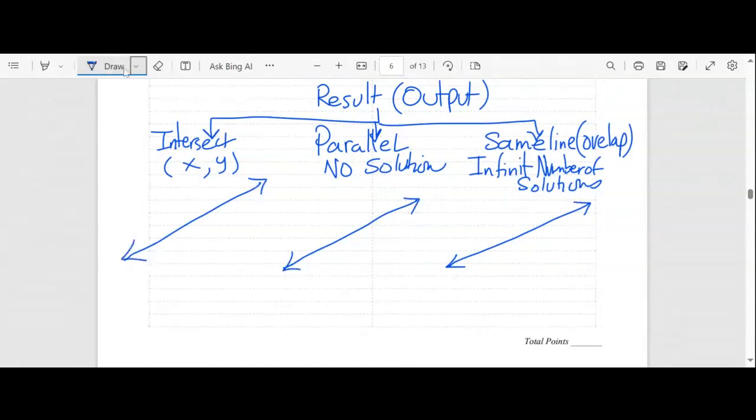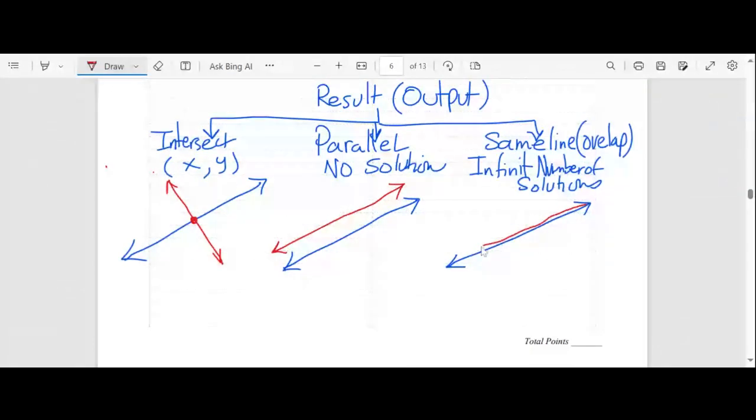I'll graph the second line in a second, in a different color, okay? If they intersect, they intersect like this. So they intersect in how many points? 1 point. Parallel, how do they look? Like this. If they are overlapping, same line, same points, so you have infinite number of points. Okay? Is that clear?